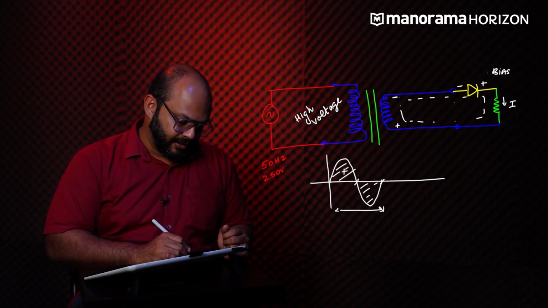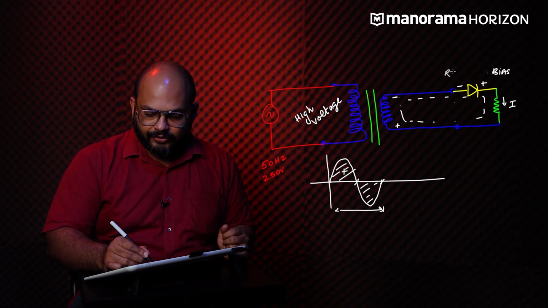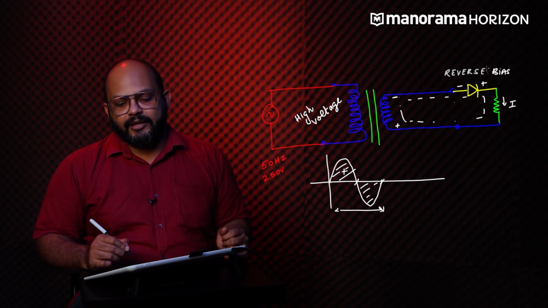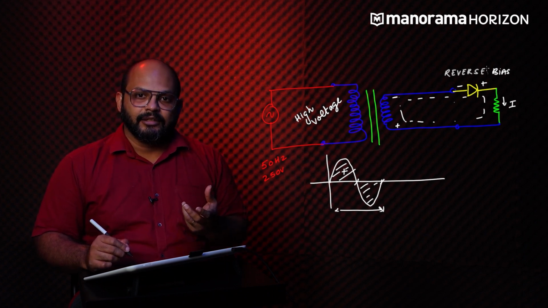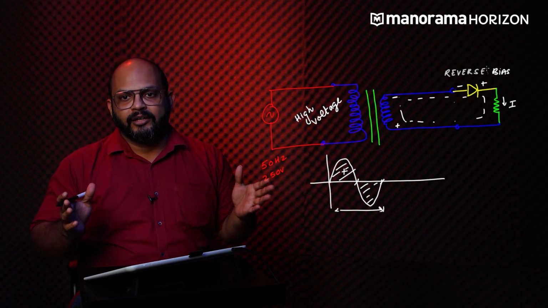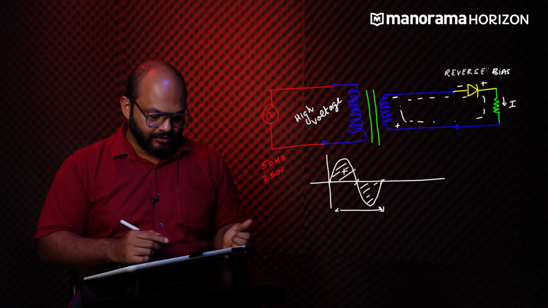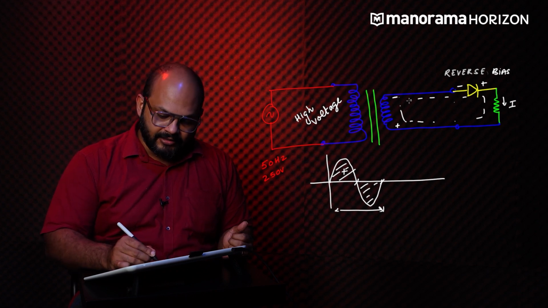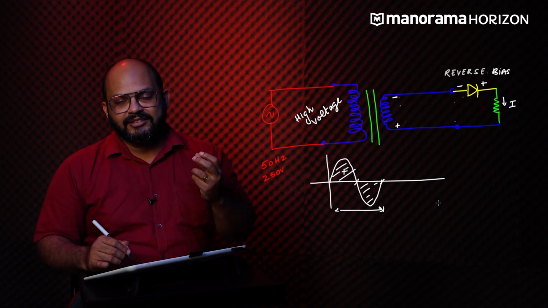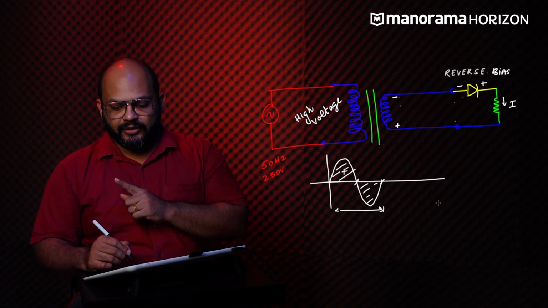Now this diode is in reverse bias. In reverse bias, the diode is acting like an open circuit, like a broken connection. In a broken connection or an open circuit, there is no current. So the current completely disappears for the negative half cycle of the incoming power, which means that this device is conducting only for a single cycle.